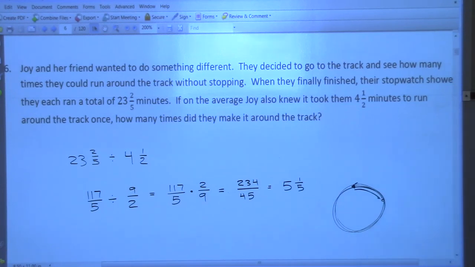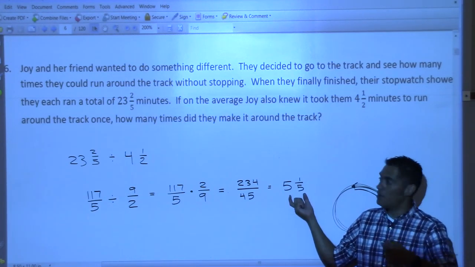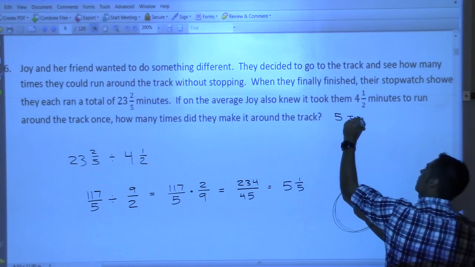So how many times did they make it around the track? 5 times. So that's what you were saying, that this answer is not the correct answer to the problem, because they say how many times they make it around? 5 times.